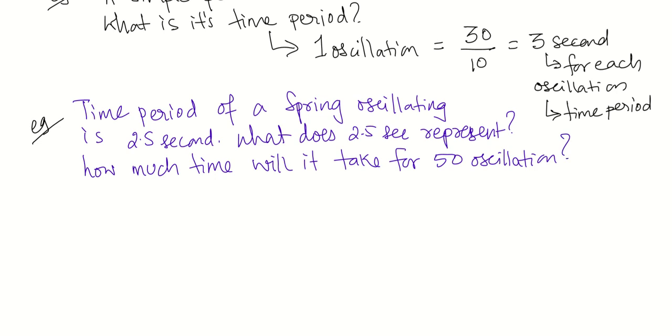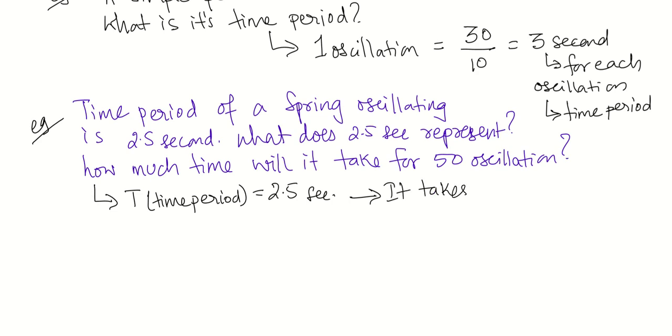Okay, how do we do this question now? If you look at the question, your time period itself is 2.5 seconds. What does time period mean? It means it takes 2.5 seconds to oscillate once, or vibrate once.